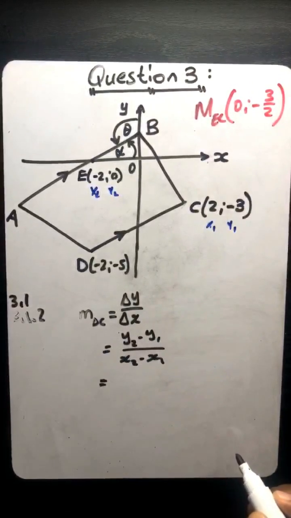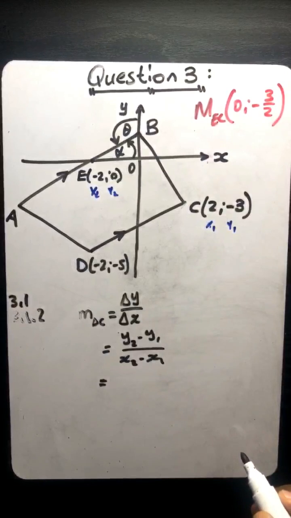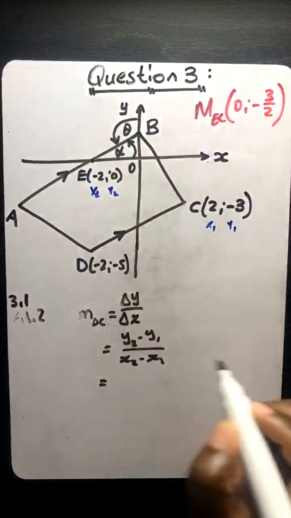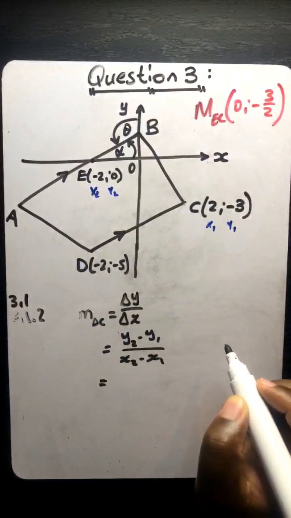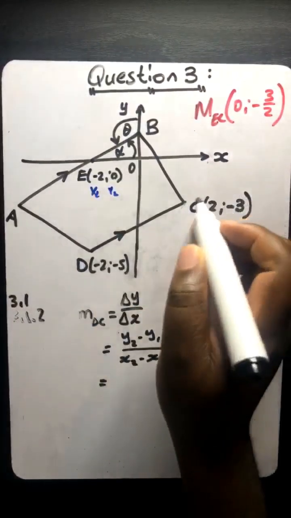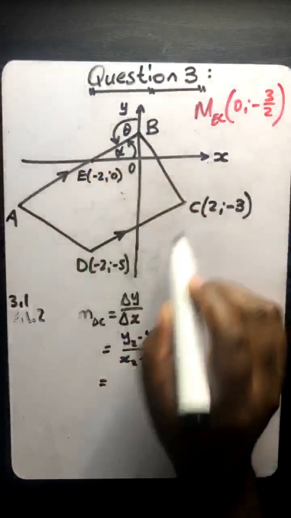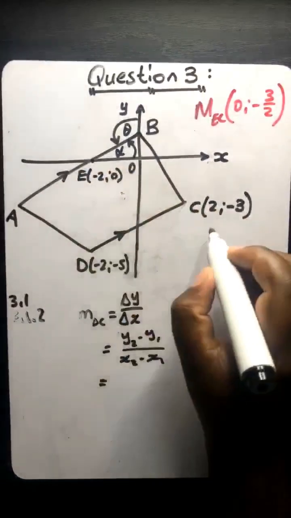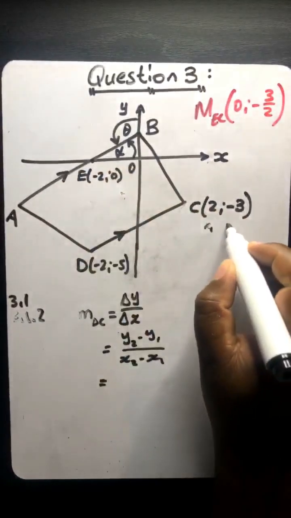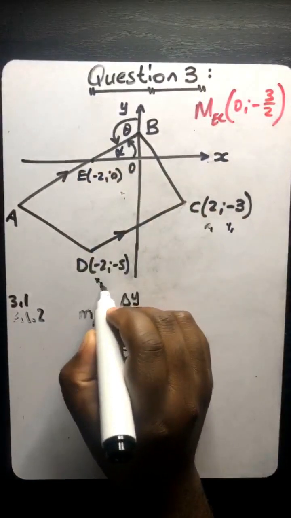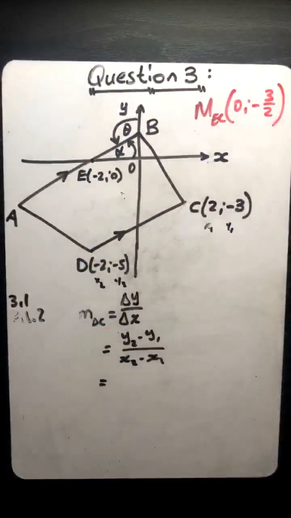Since analytical geometry is a game of two things, do we have two things? Yes, can you see? For CD or DC, we've got two coordinates. So now you forget about those and start over to say between C and D, which one comes first? It's C. So that means this is now going to be your x1, y1, x2, y2.